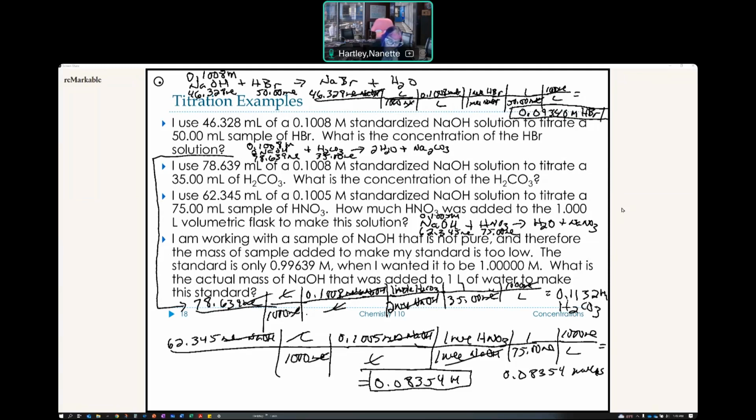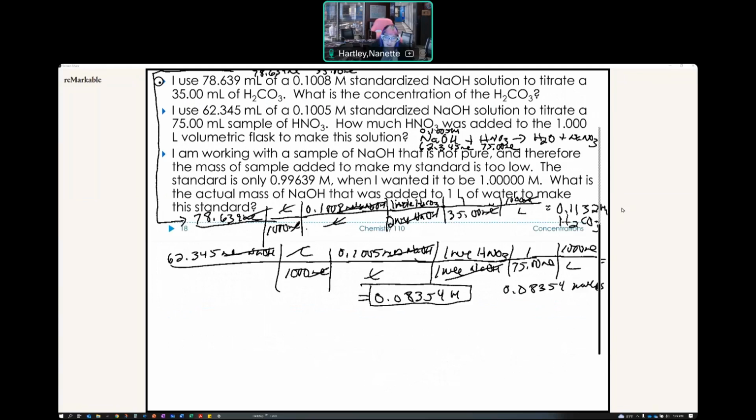Well, okay. So I know that if I'm looking at this and it says that it's 0.99639 molar, right? Then that means that I've added 0.99639 moles, right? Comparative to the 1 mole that I wanted.